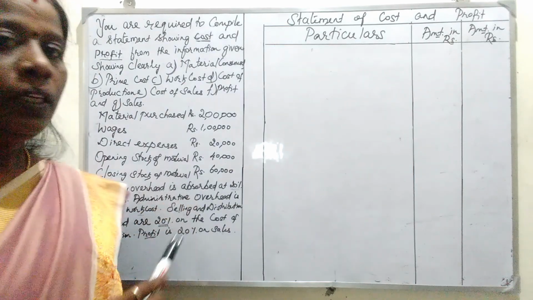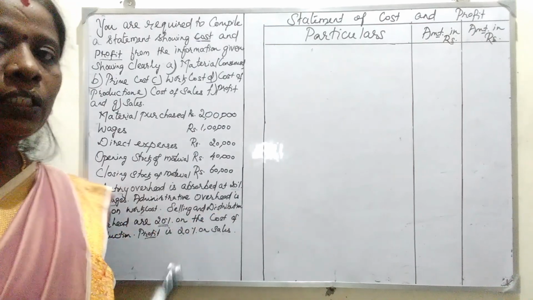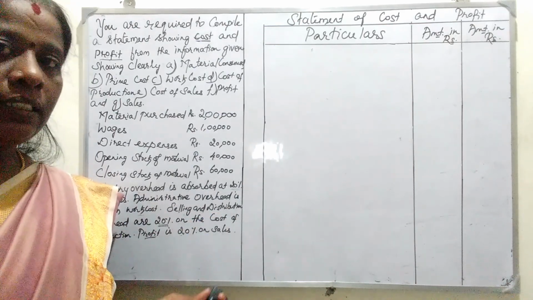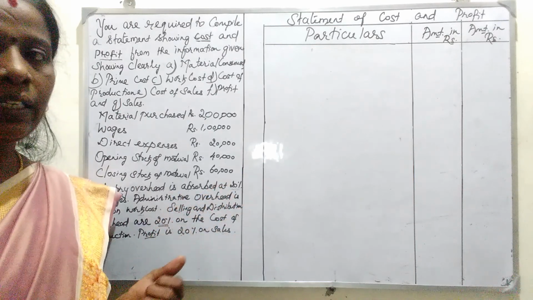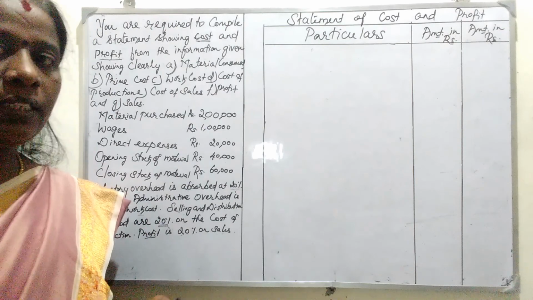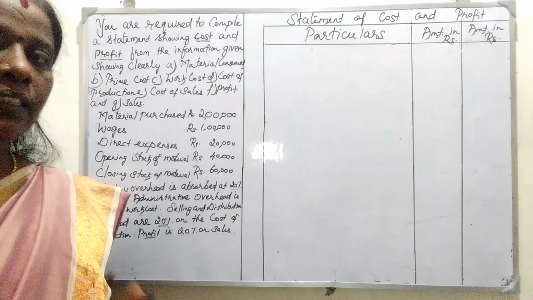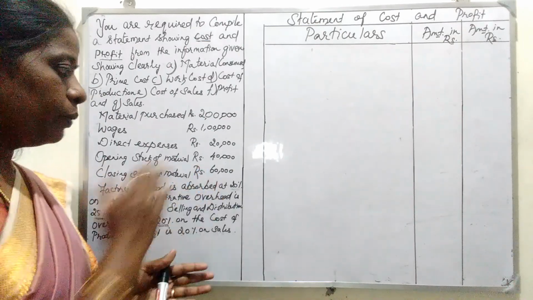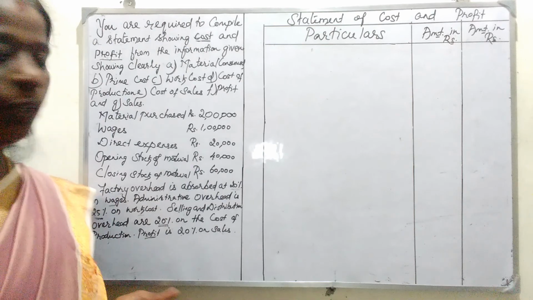Factory overhead is absorbed at 20% on wages. In some problems the expenses are given one by one, otherwise the total expenses are given as overhead. But in this problem, it is given as a percentage on wages.